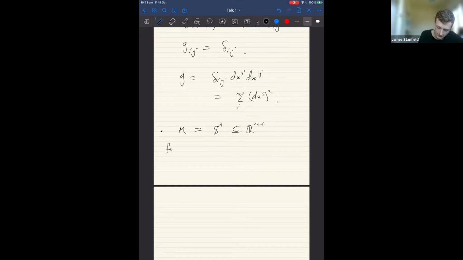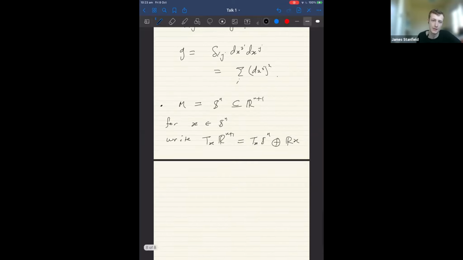So for x in Sn, we can write the tangent space of the ambient space as the tangent space of Sn plus the line spanned by the point itself.